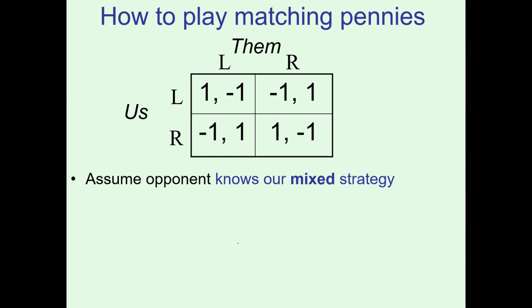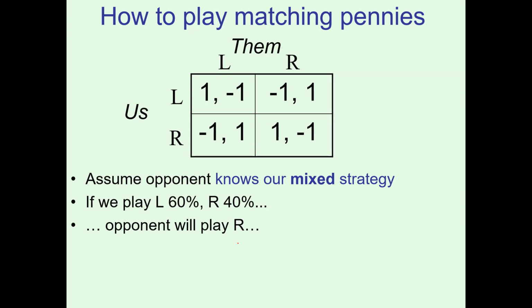Okay? So, what is a good mixed strategy? That is what it means. So, if we play 60-40, what will the payoff be? Suppose the opponent plays R. What is our strategy? 60-40, right?